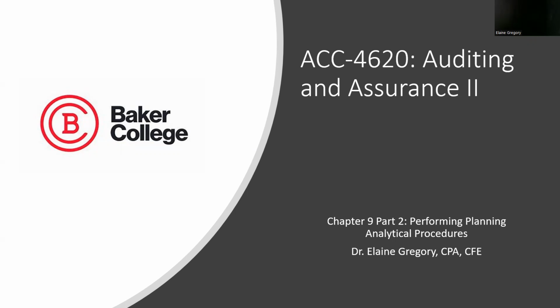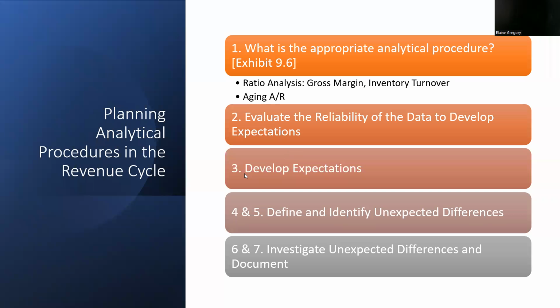Now that we know the risks that are in the revenue and accounts receivable classifications, we need to start planning the analytical procedures. So we're going to start first with the revenue cycle. If you look at Exhibit 9.6 of your text, you will see that there are some appropriate analytical procedures, including different types of ratio analysis that you want to perform, aging of the AR.